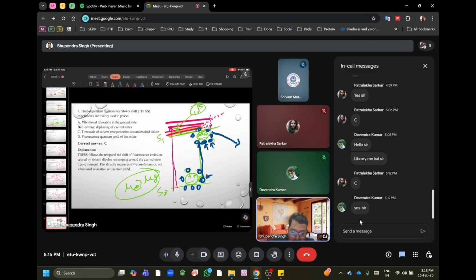Because the dipole moment was less here, here the dipole moment is higher. So the solute is inducing or creating the reaction field for the solvent around them to rearrange themselves to minimize the dipole moment effect.